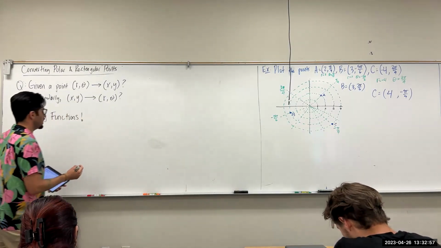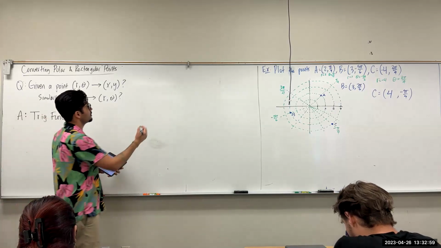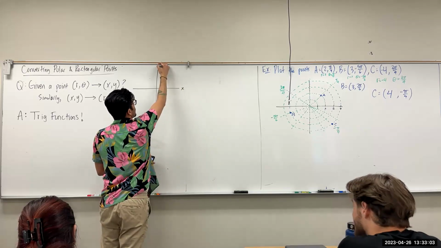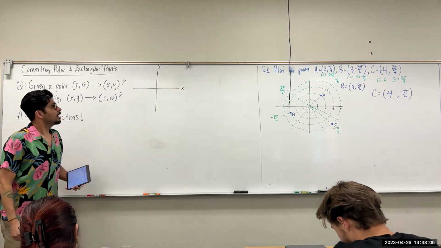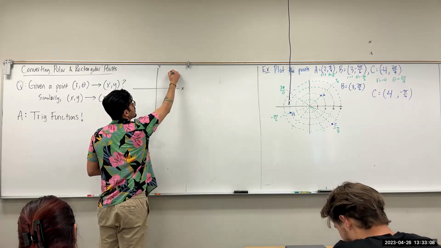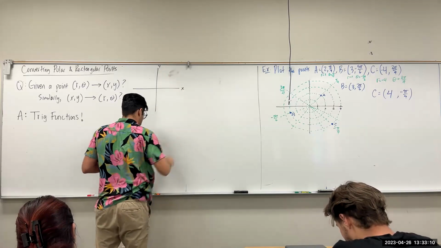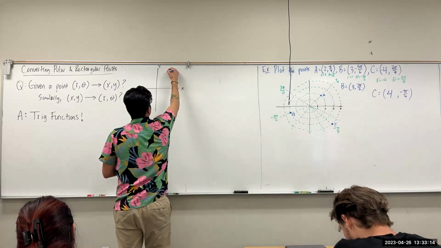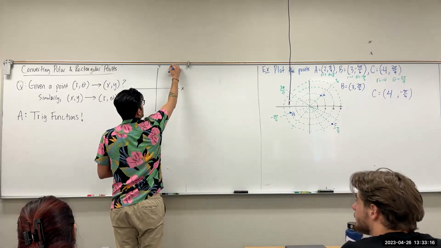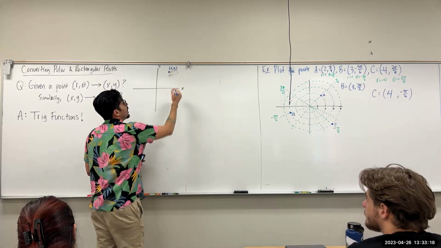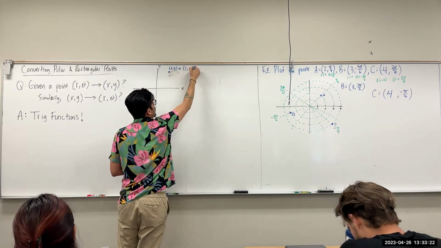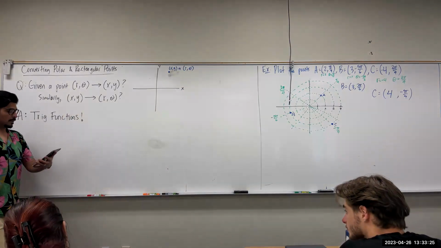Okay, and so here's kind of the idea behind this. Let's start with what we know, x, y here. And we have this point, that we can write either as x comma y, or you can write in polar coordinates as r comma theta.